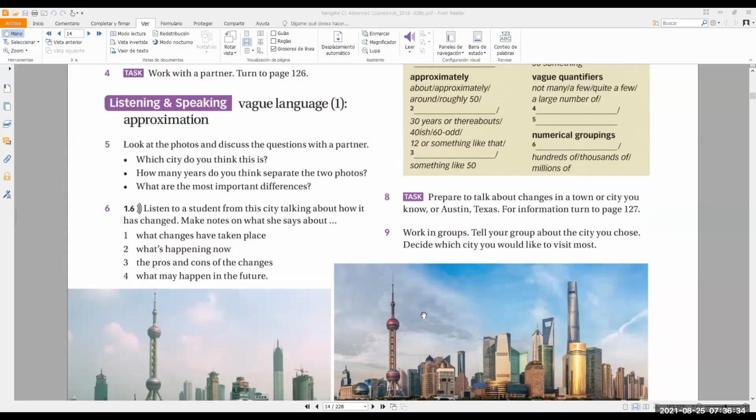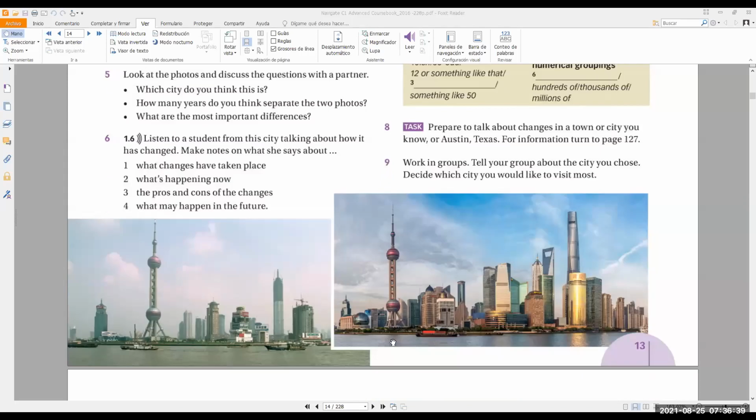So the other question was, how many years do you think separated the two photos? What would be the year for the first one and the year for the second? What would you guys say about that? I would say just 10 to 15 years, because Chinese people are crazy about technology and building things.